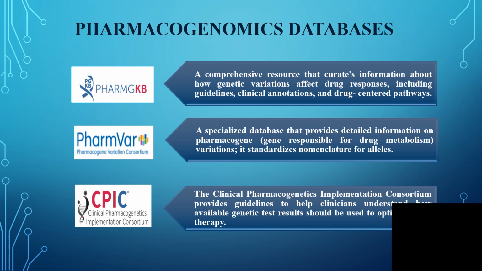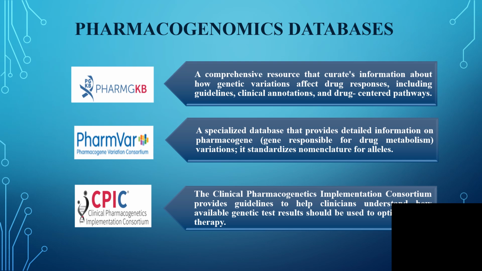For instance, PharmVar includes variants of the CYP2D6 gene, which influences how the body metabolizes antidepressants like Prozac. The third database is CPIC, the Clinical Pharmacogenetics Implementation Consortium, which provides guidelines for using genetic test results in clinical practice.